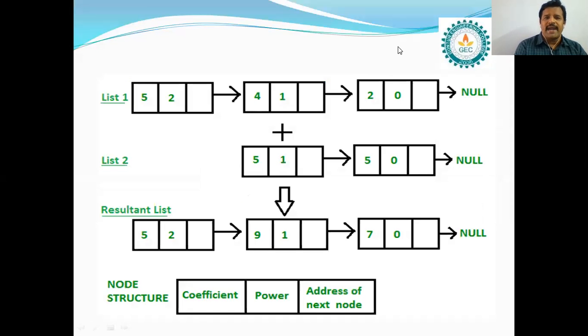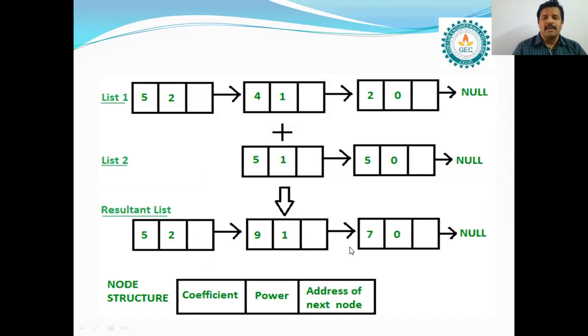So we have to add the coefficients of these two, 4 plus 5, that equal to 9x power 1. And then 2 plus 5 equal to 7 for x power 0. The resultant list represents 5x square plus 9x plus 7.